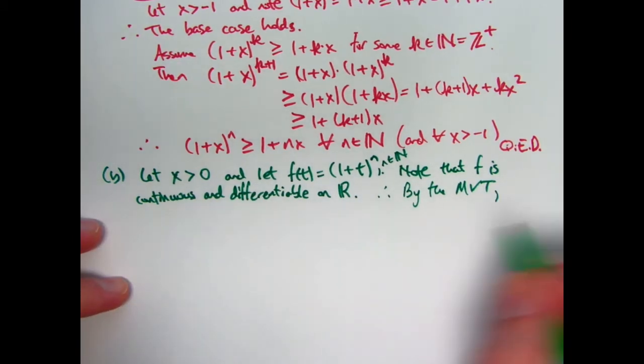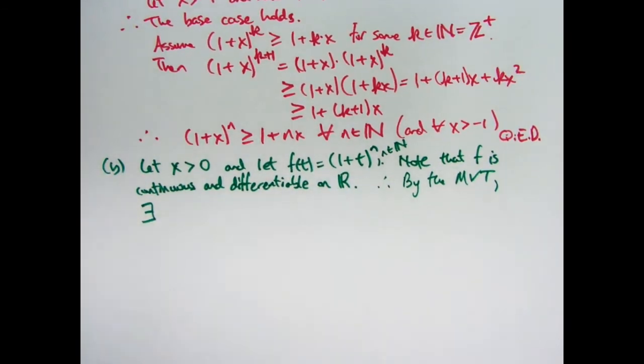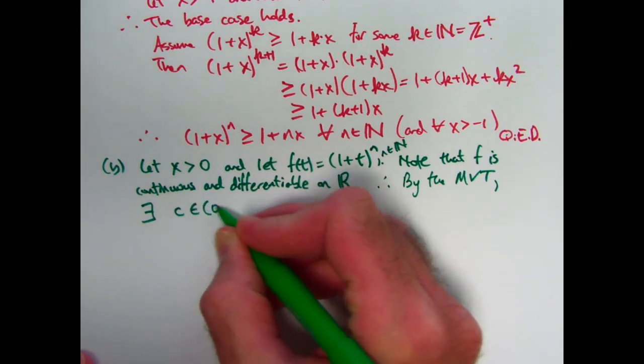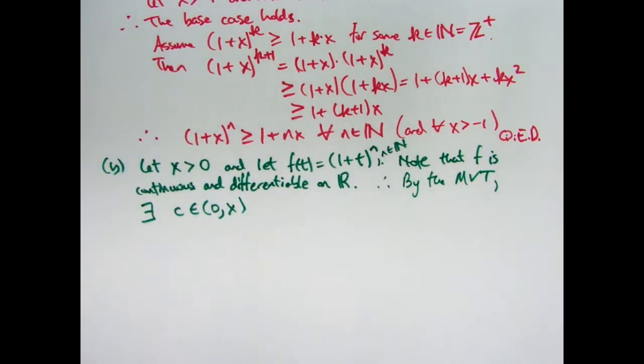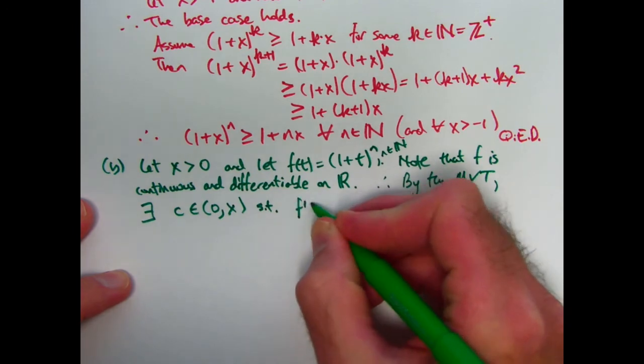By the mean value theorem, there exists, backwards capital E means there exists, a number, call it c, between 0 and x. I'm applying the mean value theorem to the function on the interval from 0 to x, such that, well, it's typically written as f prime of c.